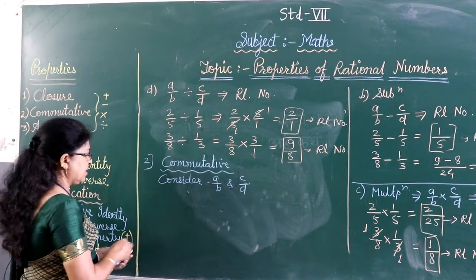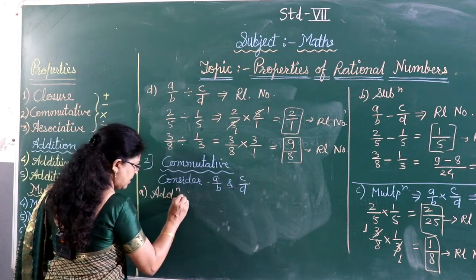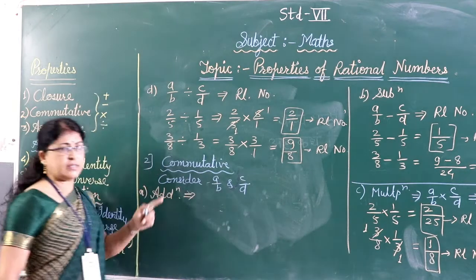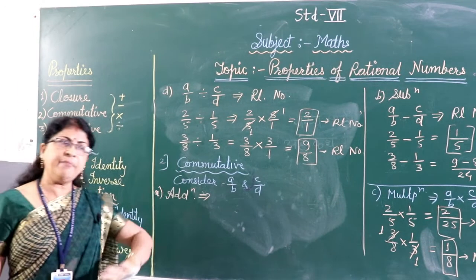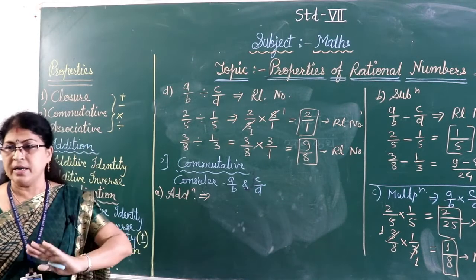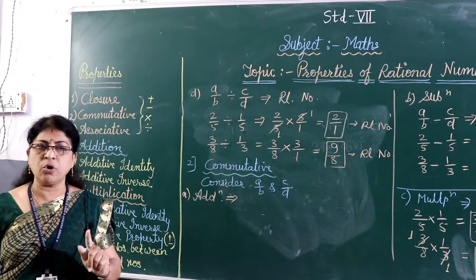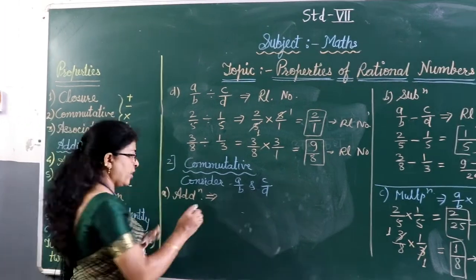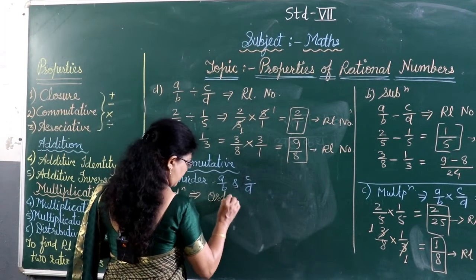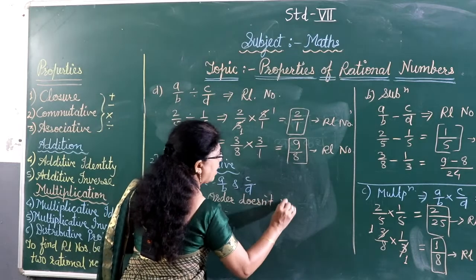Okay, so first comes addition. What does this property say? Commutative means even if we change the order of the rational numbers, the answer doesn't change, the answer remains the same. That is called commutative. Means order doesn't matter. How?